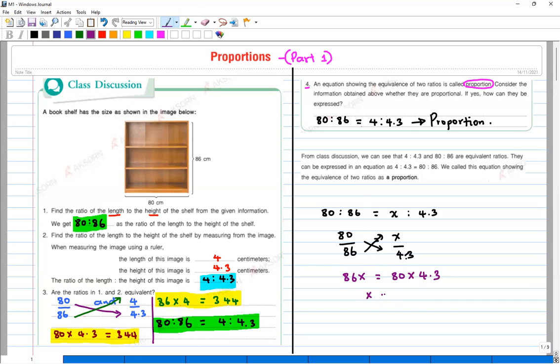And now we get x as 80 times 4.3 divided by 86. And this will give us 4. Now, you see that we can use proportion to find the part that is missing. Okay, let us get some examples.